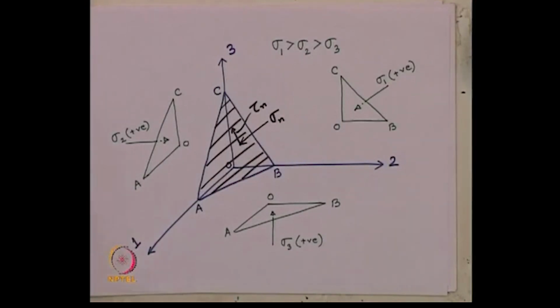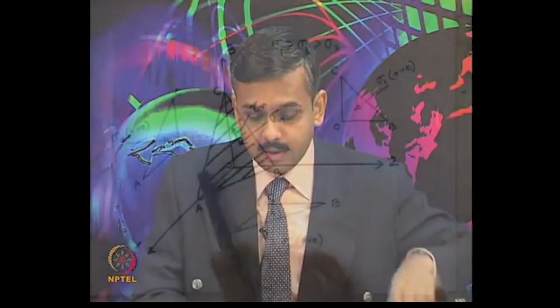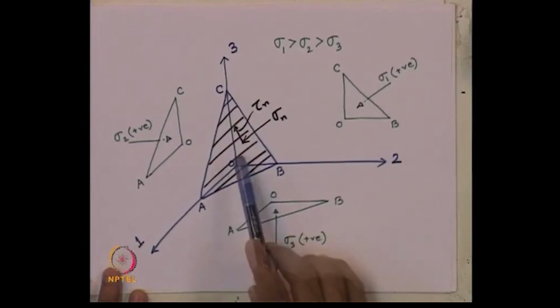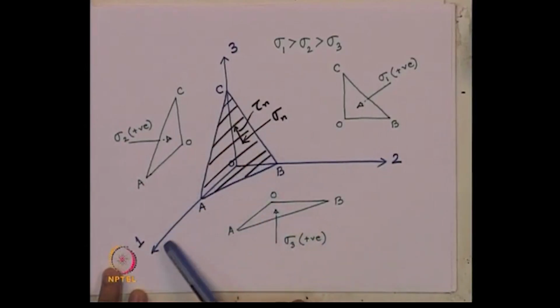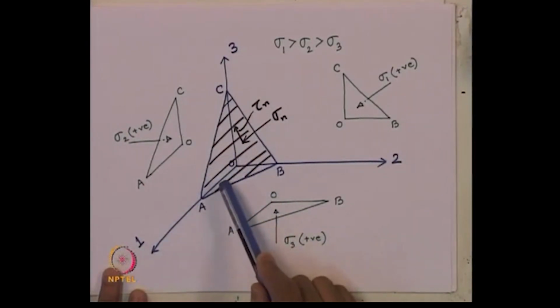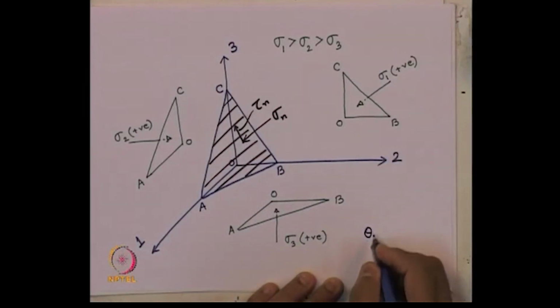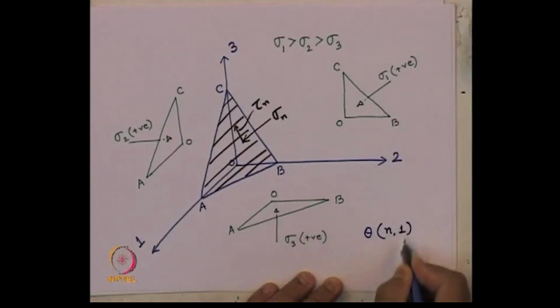So, on this inclined plane we want to find out how much normal and shear stresses are acting. The inclination of this arbitrary nth plane is such that its angle with respect to axis 1 is given by theta n1, like this.